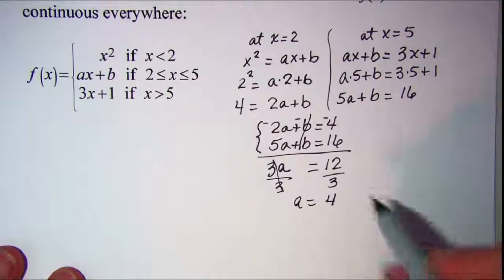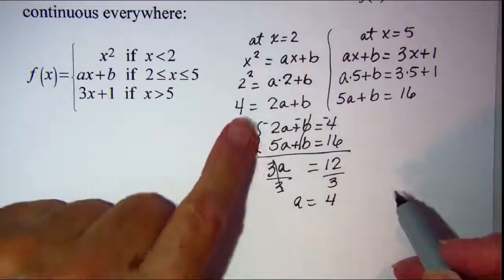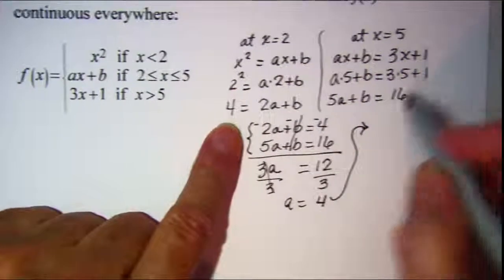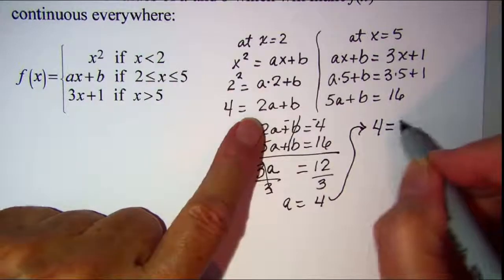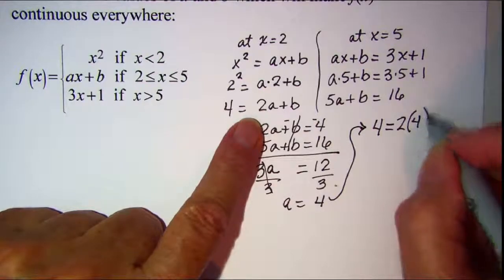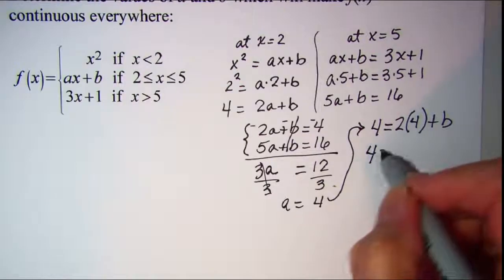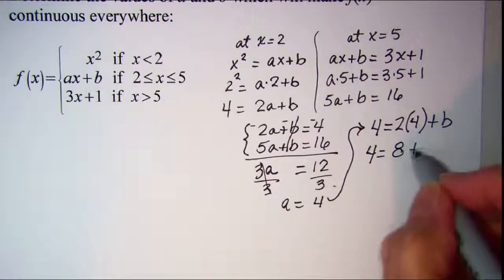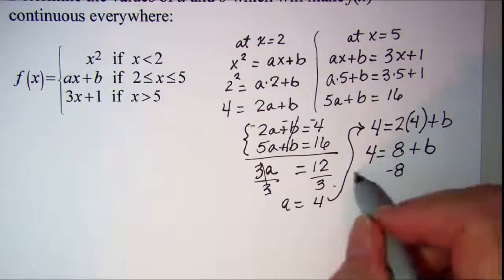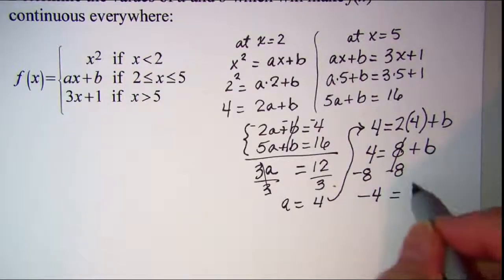Now that we have a equals 4, we can put that back into either one of the equations. So let's go ahead and put it here. 4 is equal to 2 times a, but a is 4, plus b. 4 is equal to 8 plus b, and then subtract 8 from both sides, and negative 4 is b.